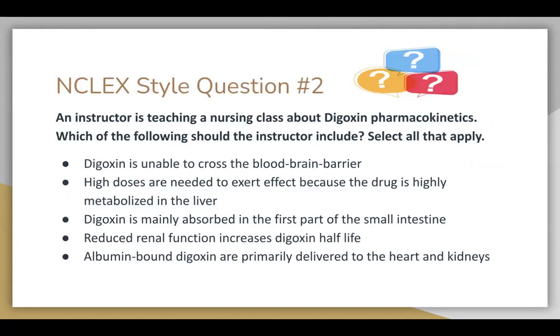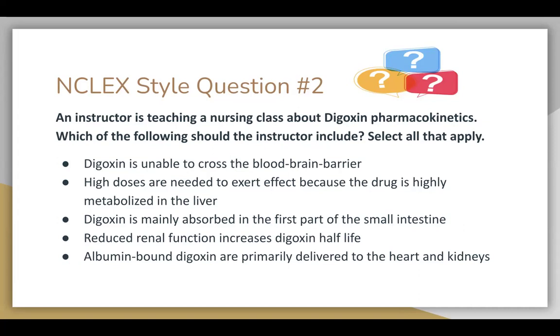Okay, now for NCLEX style question number 2. An instructor is teaching a nursing class about digoxin pharmacokinetics. Which of the following should the instructor include? Select all that apply. The first one is digoxin is unable to cross the blood-brain barrier. High doses are needed to exert effect because the drug is highly metabolized in the liver.